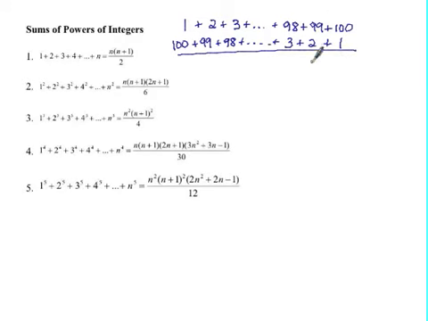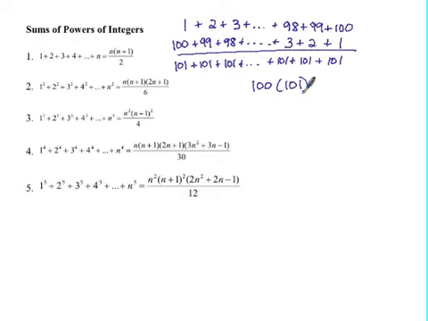So he added each column. And every time he added a column, they added up to 101 each time. Okay? So how many numbers of 101 did he have? 100. So you could actually quickly find the sum of 1 to 100.